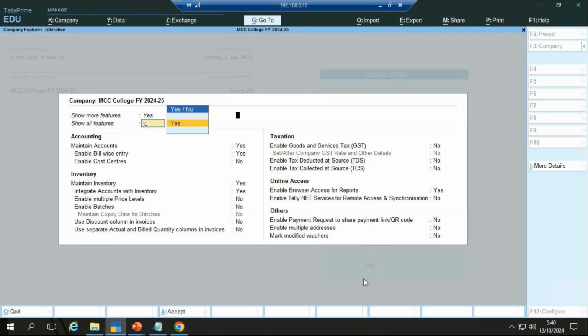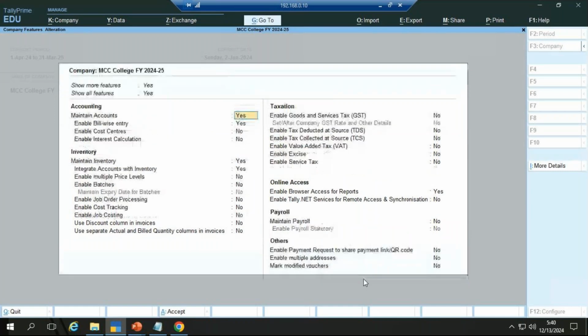You're getting this? Yes, ma'am. Can you see here? Enable the cost center. Make that no and save with this.